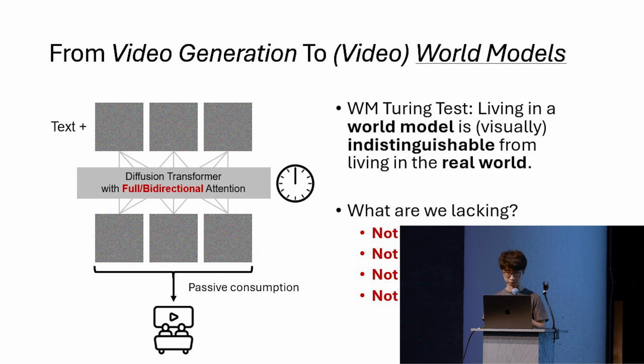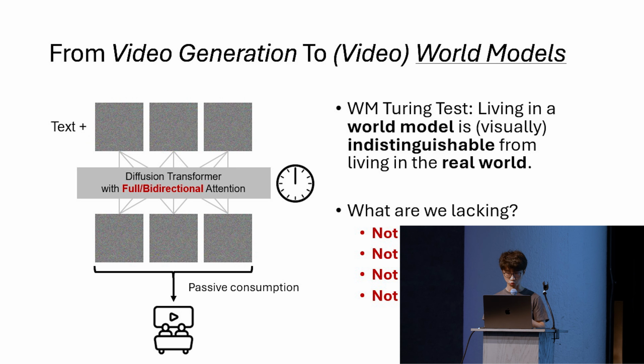I use the word visually because it's a video model after all. It generates pixels. It's not able to fool your brain, like in the Matrix simulator, to make you feel you had lunch when you actually hadn't. Ideally, you wear a VR headset, and everything is generated by a video world model, and by watching the pixels, the visual signals alone, you cannot distinguish whether you are in the real world or in the virtual world, like the Matrix, but just visually.